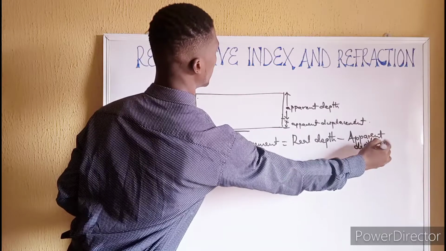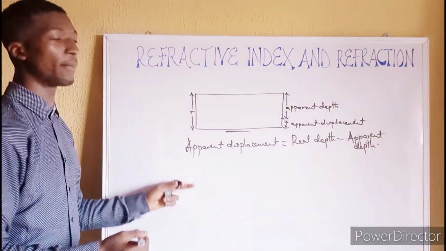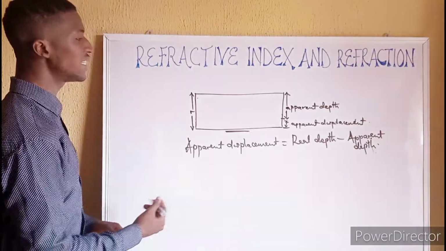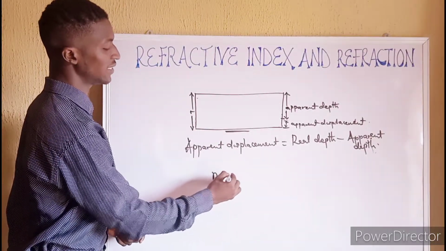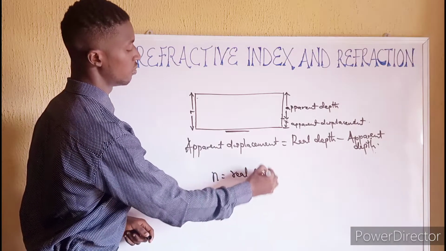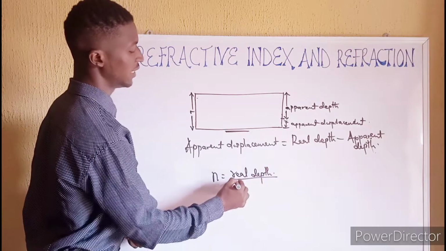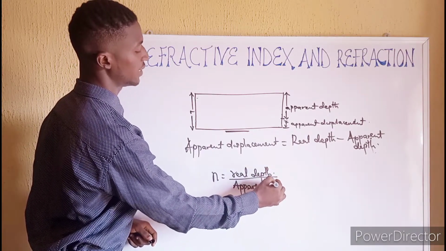That is what we refer to as the apparent displacement. But in this case, determining the refractive index, we have that the refractive index is taken to be the real depth over the apparent depth. The real depth over the apparent depth.